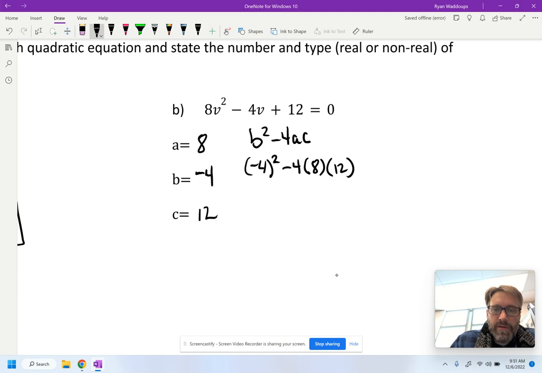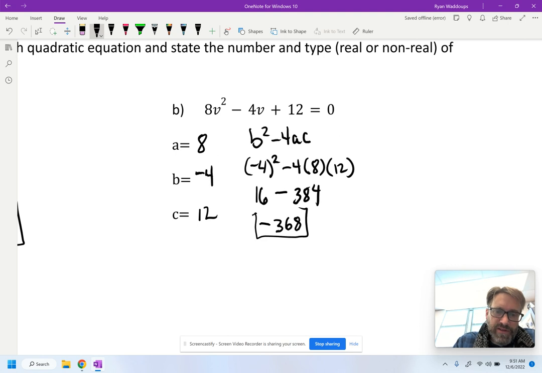And negative 4 squared, like I said, that's 16. Minus, and then 4 times 8 times 12 is 384. And when I do that subtraction, 16 minus 384, I get negative 368.